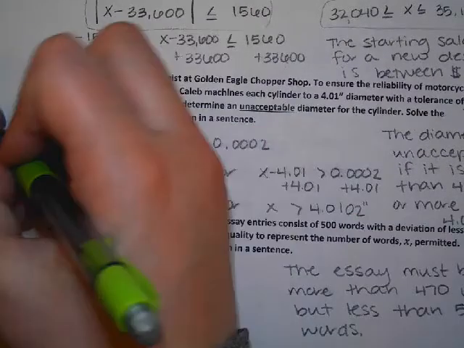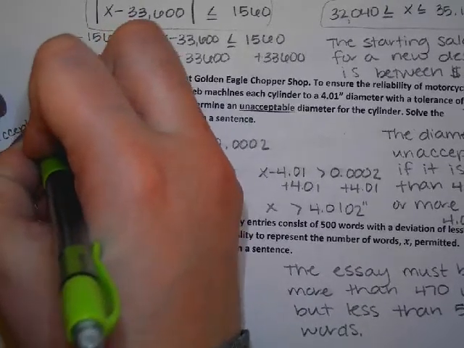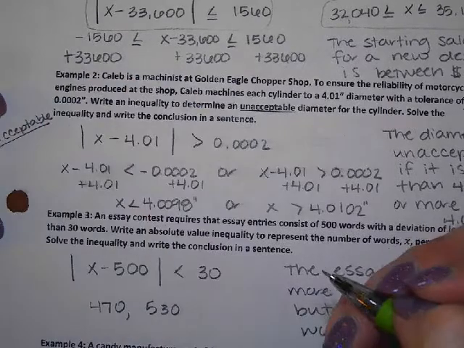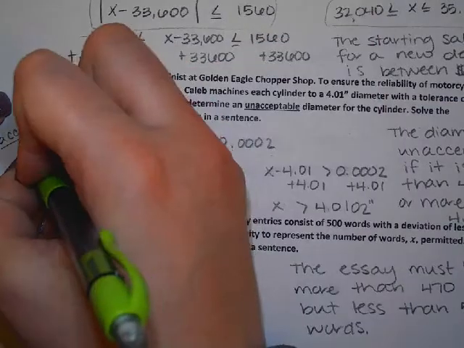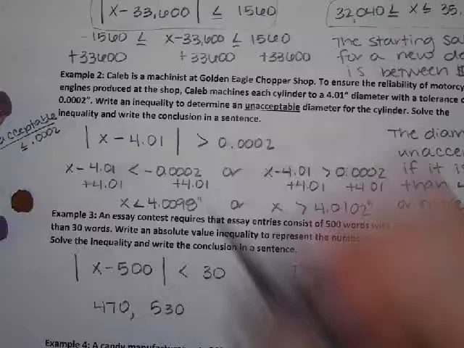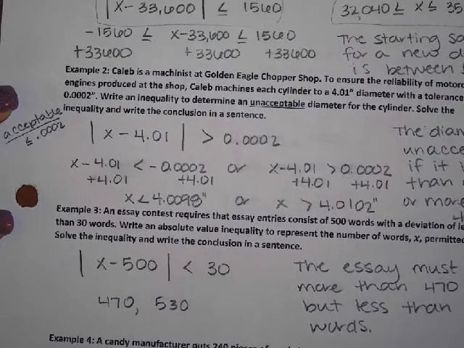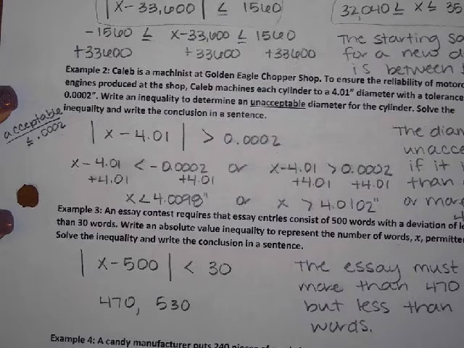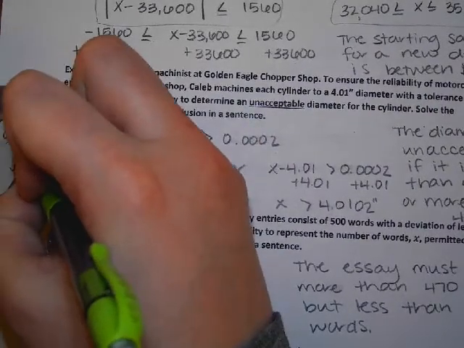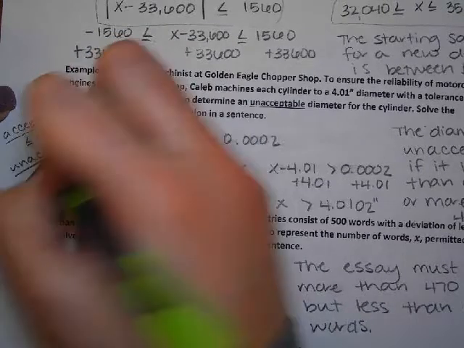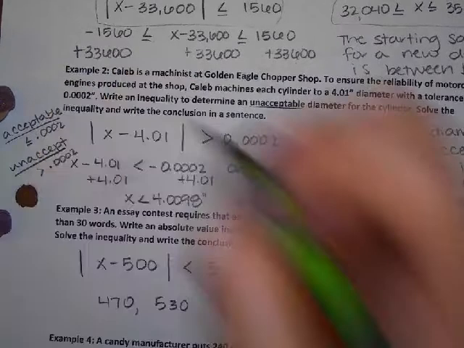The acceptable option would have been if it was less than or equal to 0.0002. Based on the wording of the problem, that was acceptable. So unacceptable was the exact opposite, which was just greater than 0.0002.